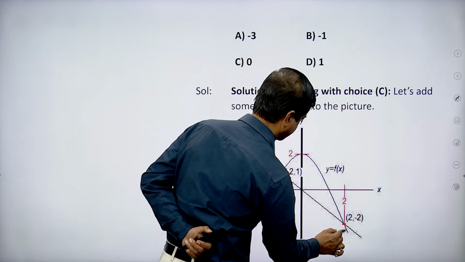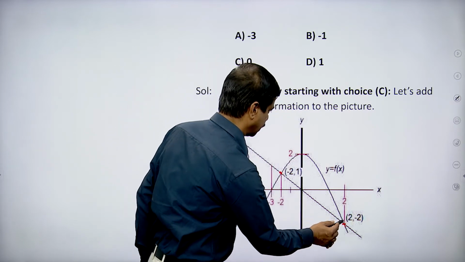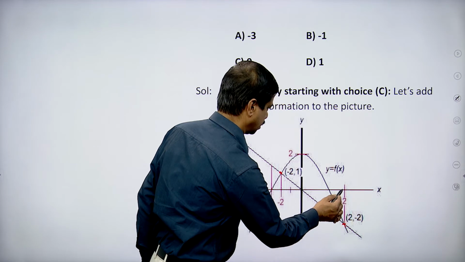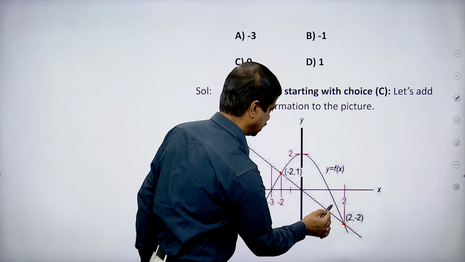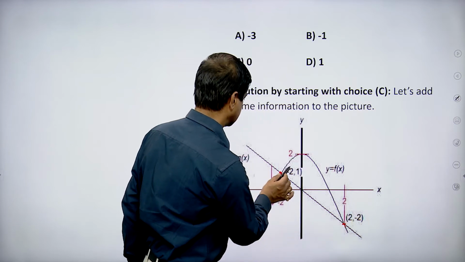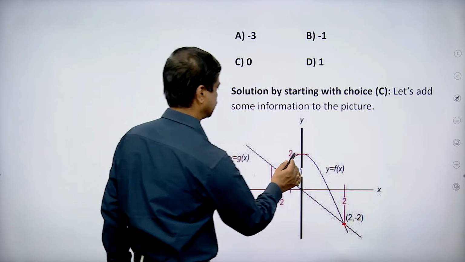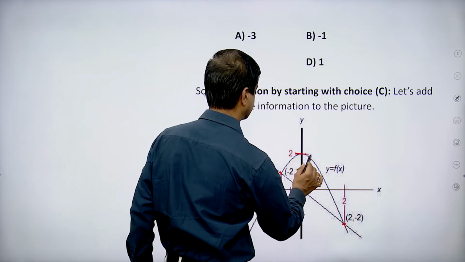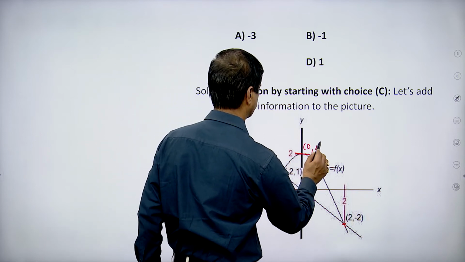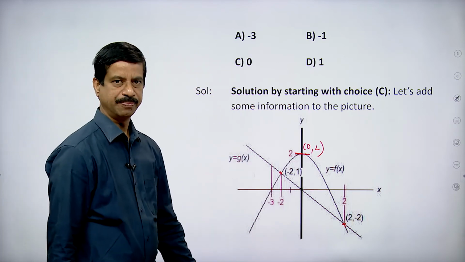Here also f of x equals g of x. So, the values given are minus 2 units and x is 2 units. So, 2 comma minus 2, and this is minus 2 comma 1, and this is x is 0, y is 2. So, 0 comma 2. These are the values that are given.